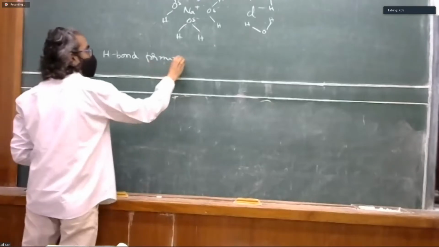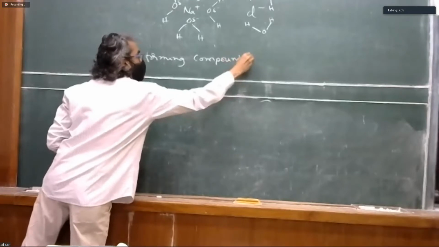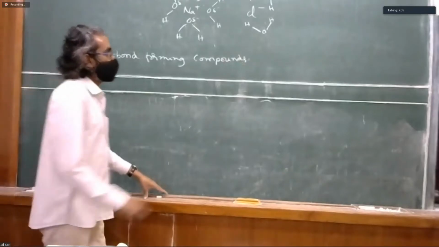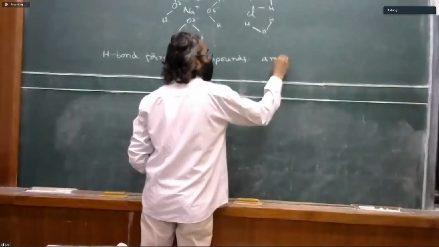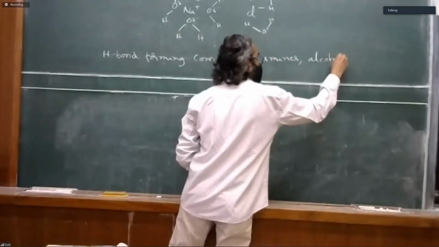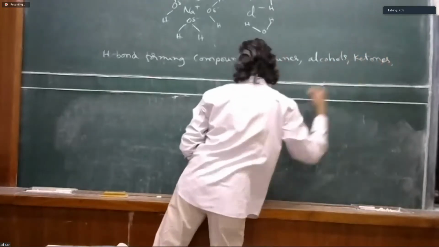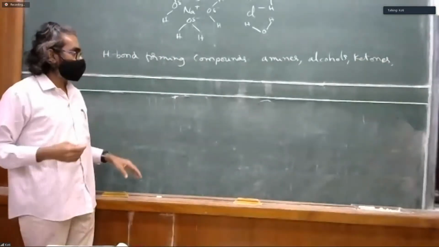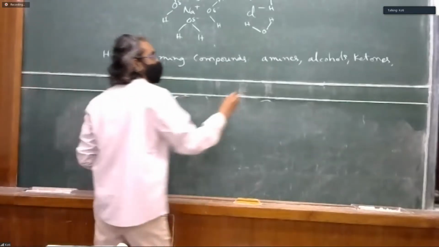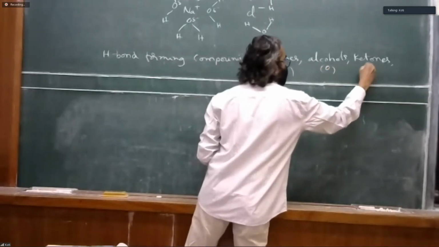There are plenty, but let's take functional groups relevant to proteins or amino acids: amines, alcohols, ketones, aldehydes, esters, etc. All these functional groups have electronegative atoms like nitrogen and oxygen.